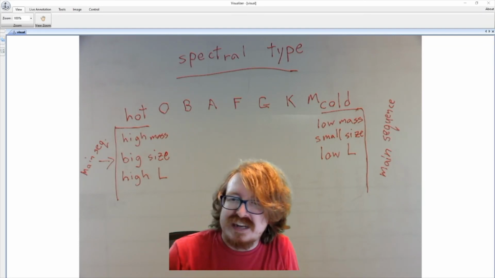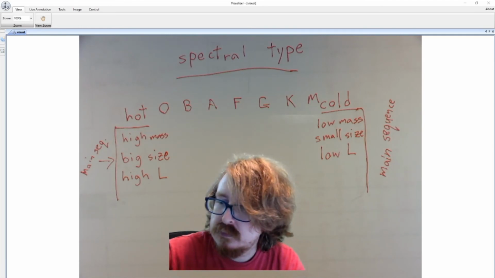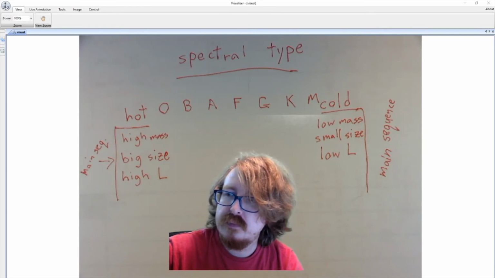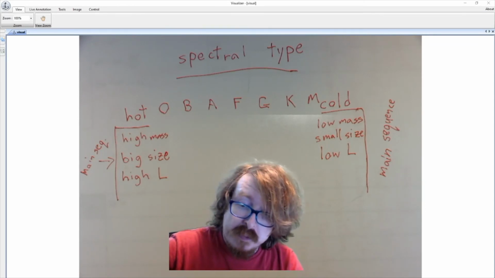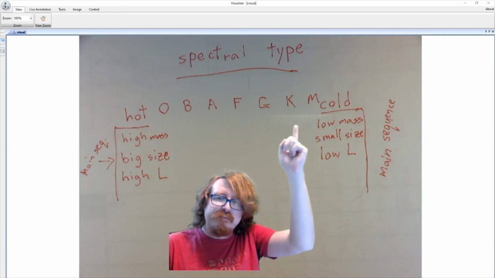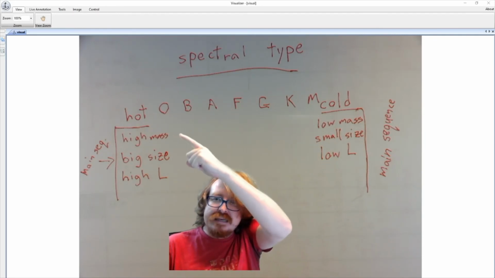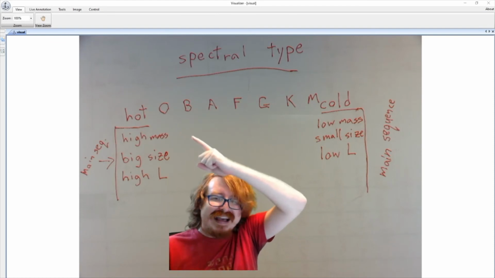Yes, M's would be more common. There's way more little boring ones than big, hot, bright ones. These would be easier to see, but there's way less of them.